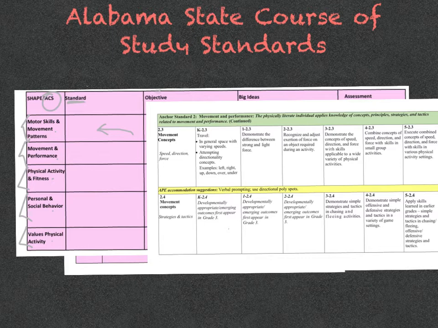So now we're going to move on to Anchor Standard 2, which is movement and performance. All right, so I have pulled up a screenshot of this standard, and according to what we wrote in our central focus, we're going to want them to tap the ball or the noodle slices with control and with the correct amount of force.